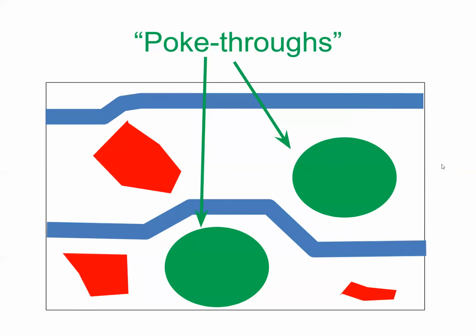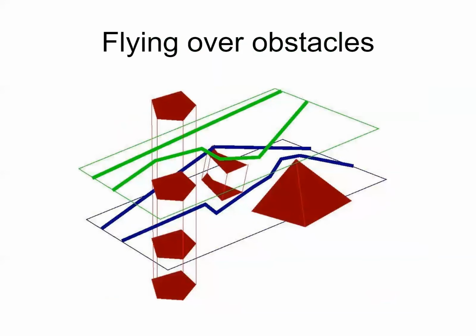These poke-throughs I was already mentioning. For the aircraft to change altitude and go through your airspace, you would have to put in some obstacles in the already weather-impacted airspace and still route around existing obstacles and the obstacles that you put in. Again, an unanswered question. Yes, flying over the echo tops, I was talking about that.